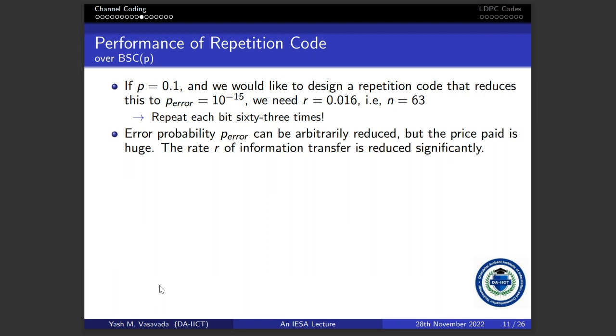Then for that one DVD, I will have to have effectively 63 DVDs. A movie which can be stored in one DVD will require 63 DVDs because each bit I am repeating 63 times. So my data size becomes 63 times more. I will still get pretty much zero error rate, but this is the price that I pay.